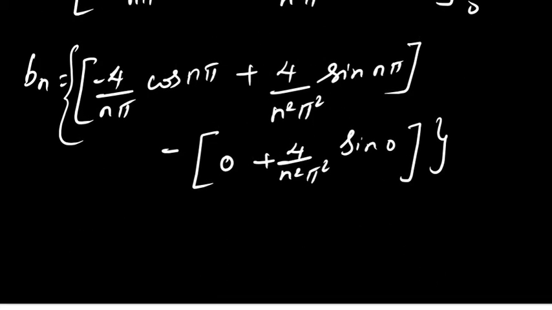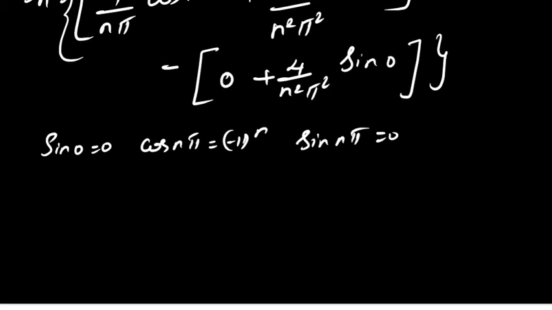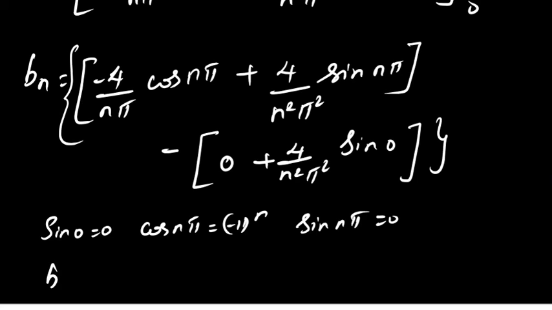Here we need to use the conditions sine 0 is 0, cos n pi is minus 1 power n, sine n pi is 0. Kindly substitute these values in the above equation. What do we get when we substitute? Bn is equal to, this term becomes 0 and this also becomes 0.